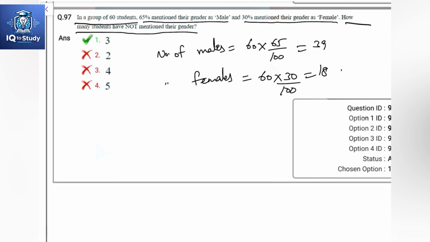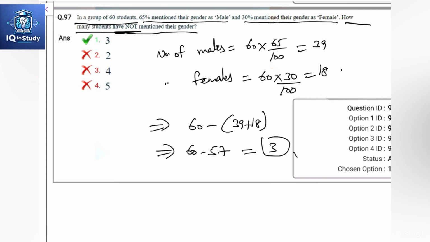Now the number of students who have not mentioned their gender is equal to 60 minus (39 plus 18), which implies 60 minus 57, and the value is 3. So 3 students have not mentioned their gender, which is option 1.